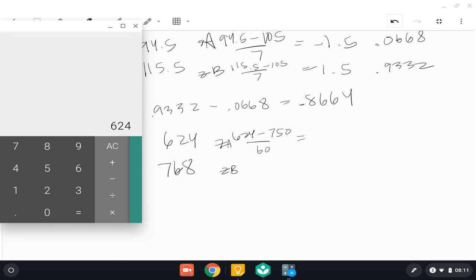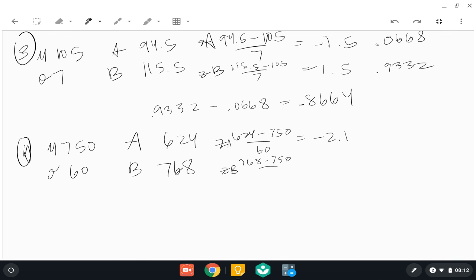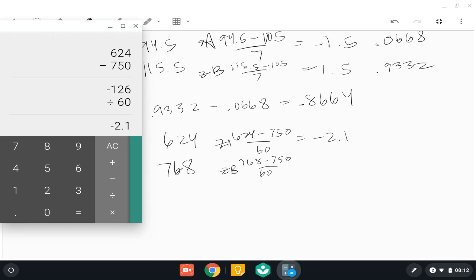624 minus 750 divided by 60 is negative 2.1. 768 minus 750 over 60 equals 18 divided by 60 equals 0.3.